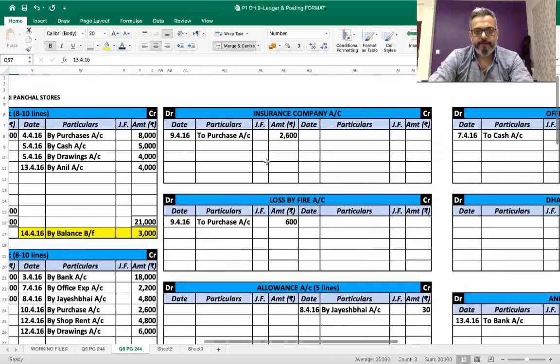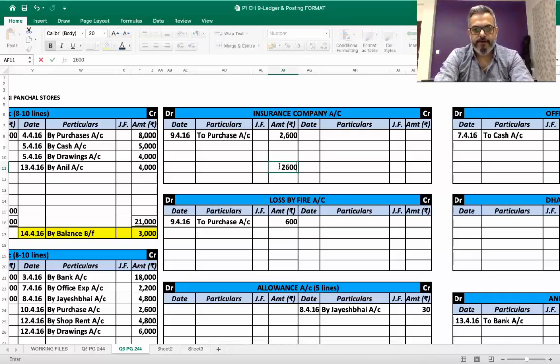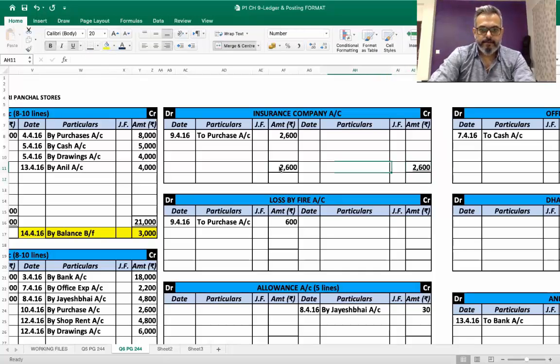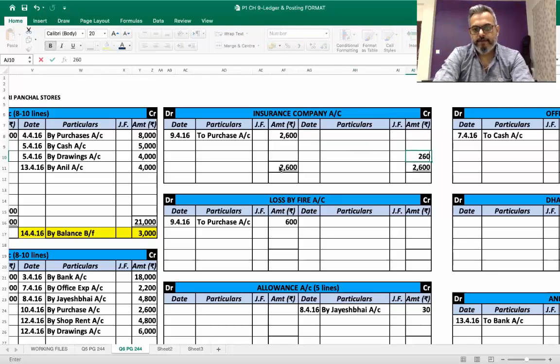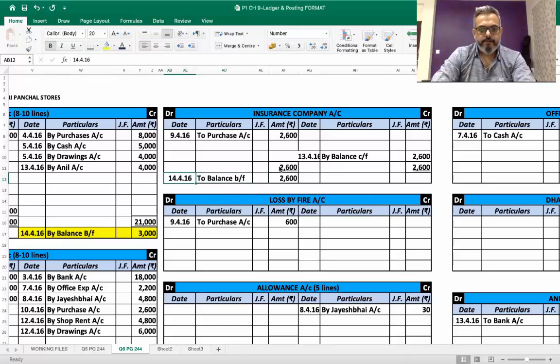Okay. Insurance company, directly 2,600, total 2,600. 2,600 balance. By balance carried forward. Balance brought forward, 2,600.